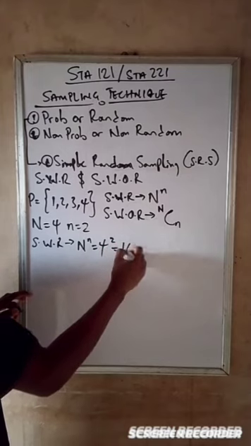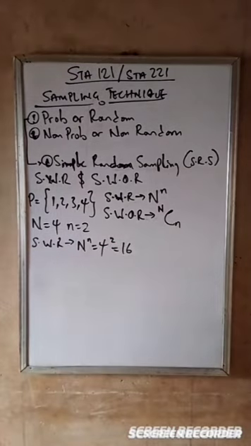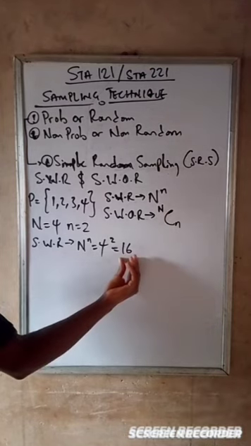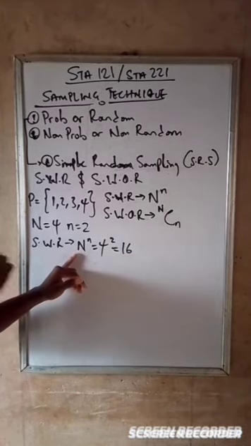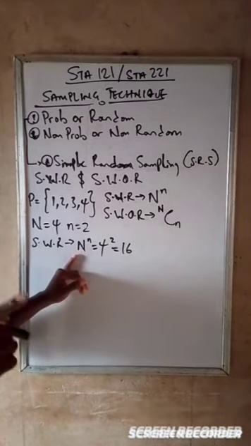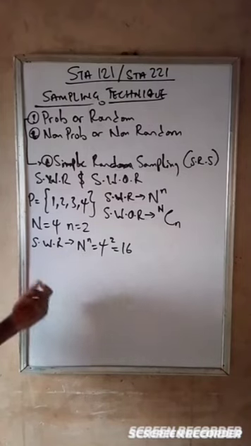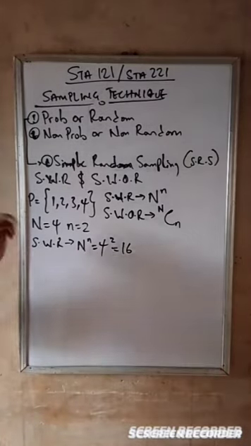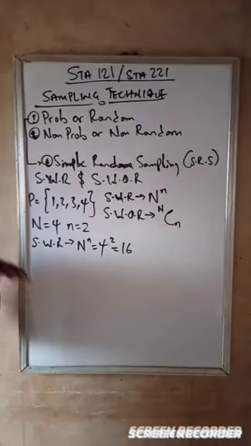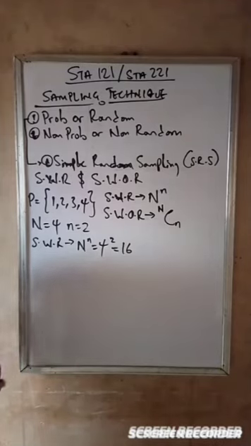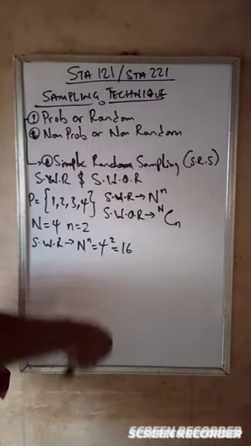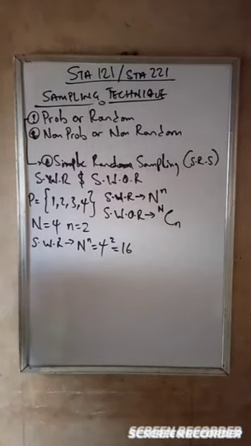And that will be 16. Now, sampling with replacement, I can form 16 samples. That's if I have a population of size 4 and I'm taking samples of size 2 with replacement. Since I already know that it's 16, how do I form those 16 samples? Sampling with replacement, what does it mean? It simply means anything I take from the population, I can return it back to take again.